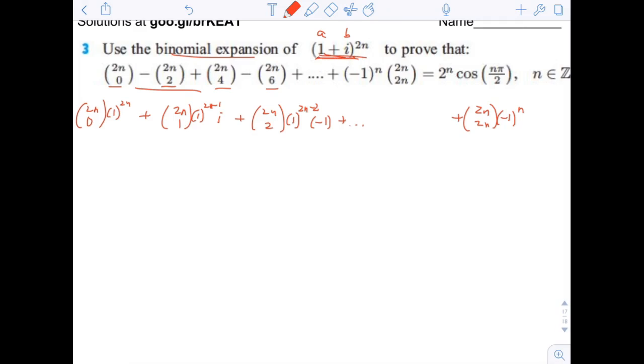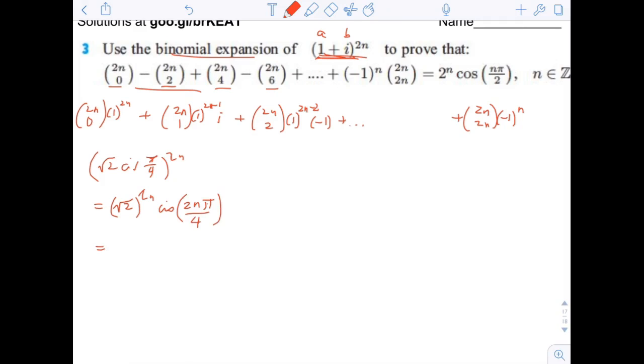The other way we could look at it is through Euler's, and so (1 + i)^(2n) is actually square root of 2 times cis pi over 4, right, to the 2n. And if we were going to use de Moivre, we could see that it would be square root of 2 to the 2n times cis 2n pi over 4.